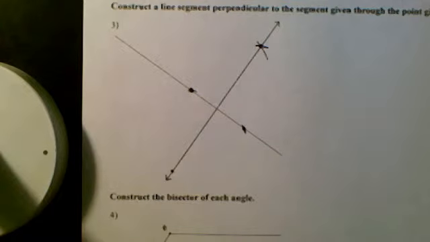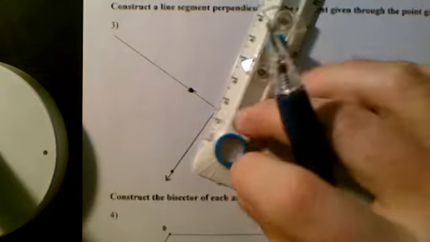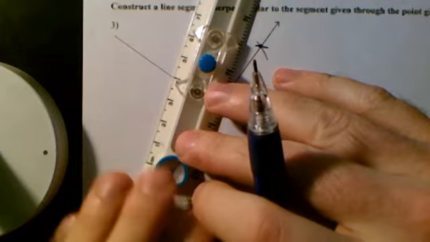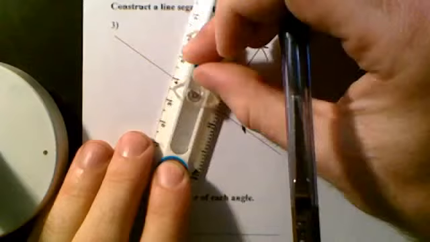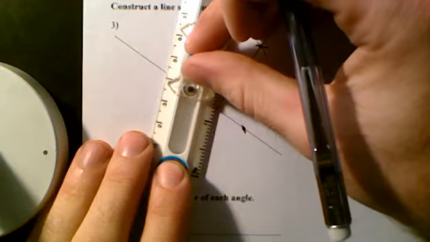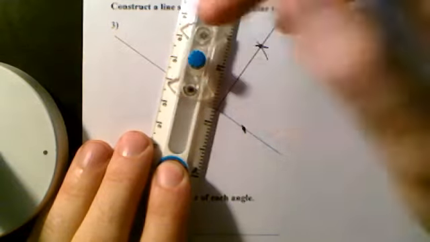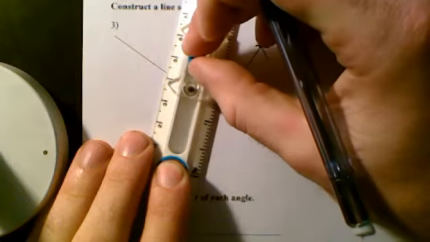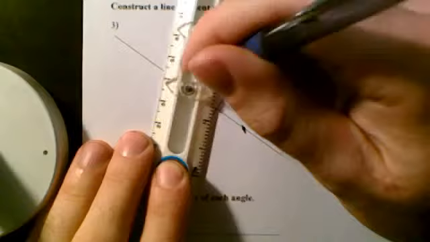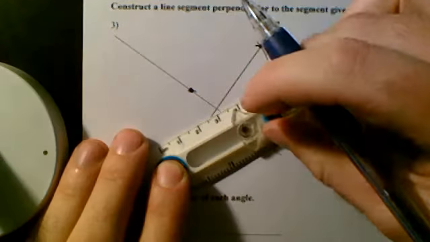So to summarize, I started off with my compass on that original point, and it didn't matter where I placed my point on the segment, but I just chose the compass to intersect that segment right there at that point. So I locked my compass in place, drew a mark, did the same thing over here on this side.